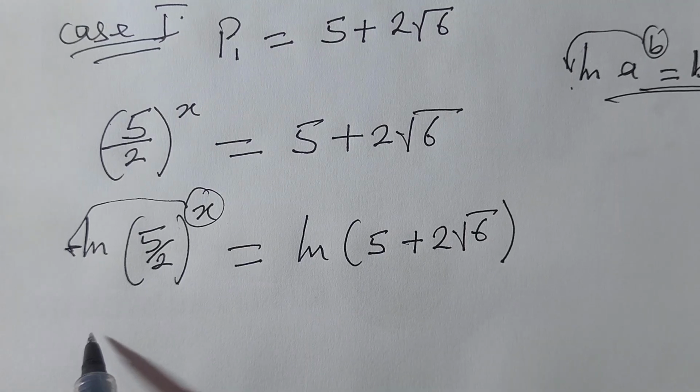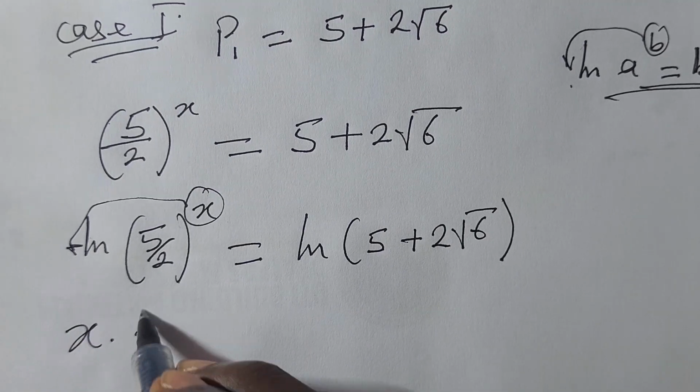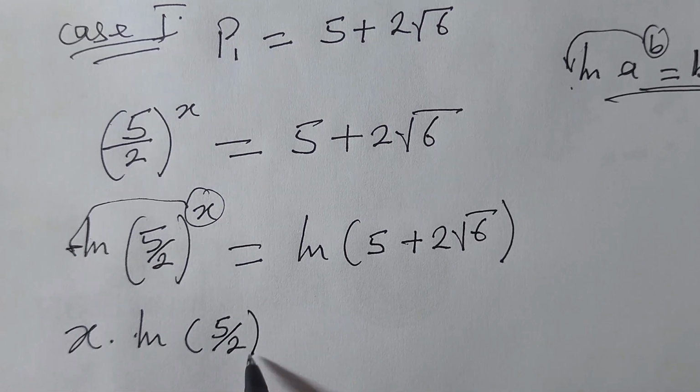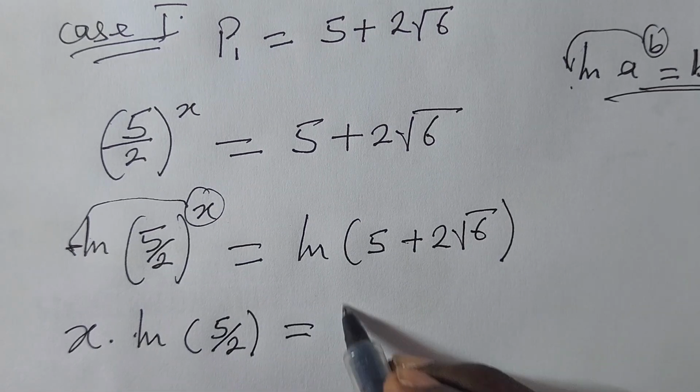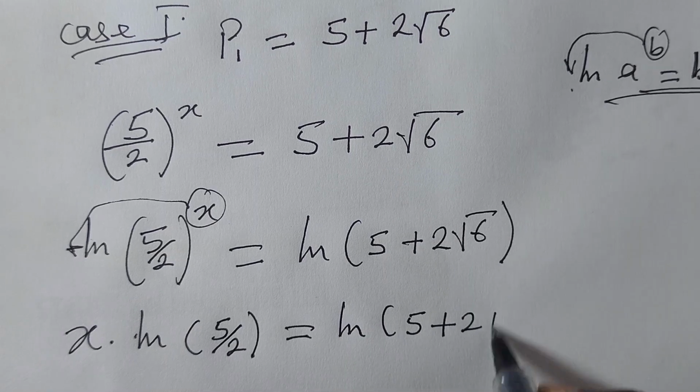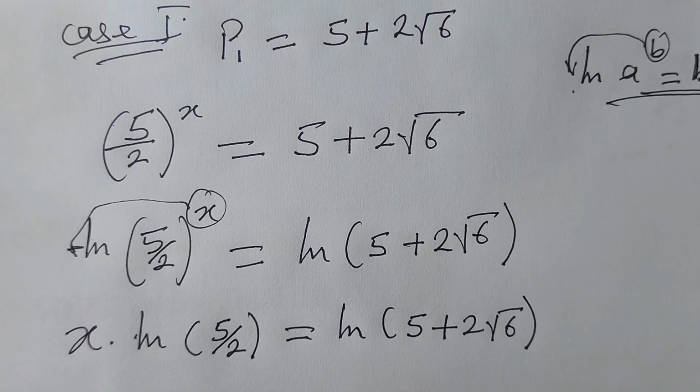This gives us x times the ln of bracket open 5 all over 2 close bracket equal to the ln of bracket open 5 plus 2 root 6 close bracket.